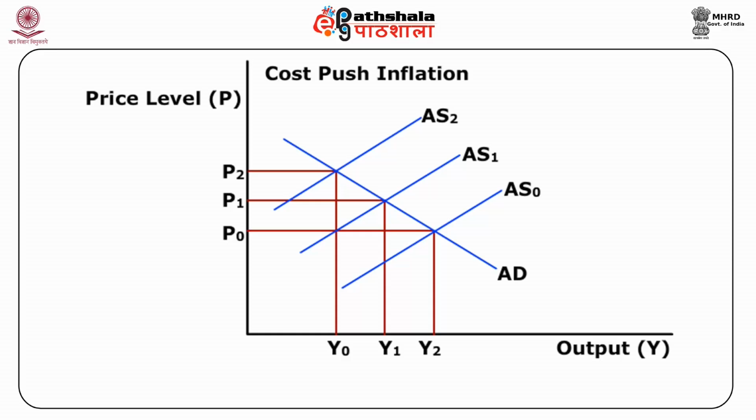Here output falls as price level increases, causes unemployment to rise. The combination of inflation and rising unemployment is called stagflation, which spells bad news for the economy.